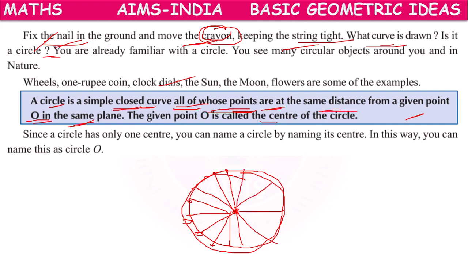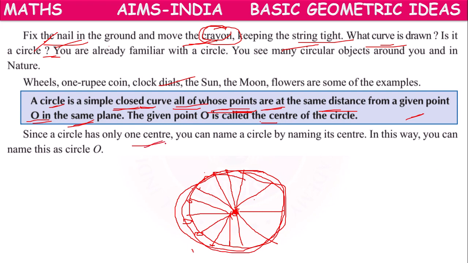So that's why this line is called the radius. Means a simple closed figure whose all points are at the same distance from a fixed point is said to be a circle, and the fixed point is called the center of the circle.